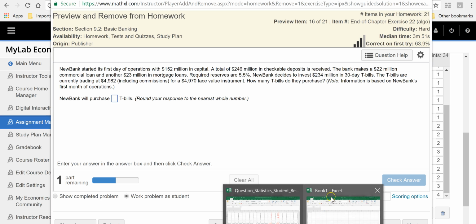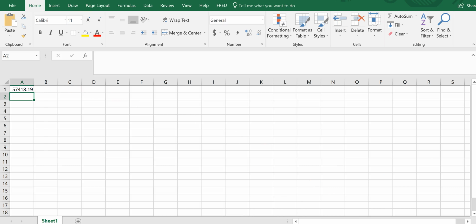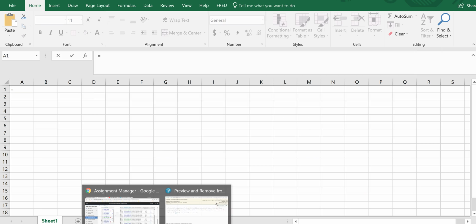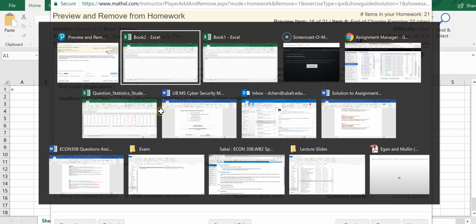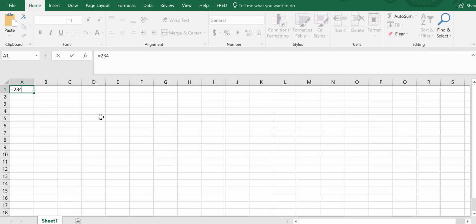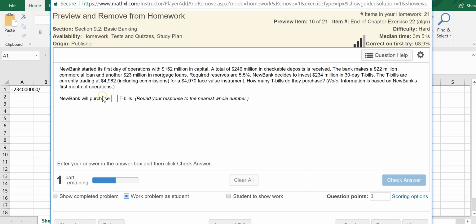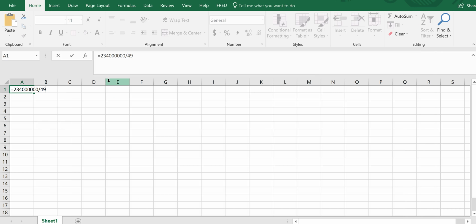So let me do that. If I use Excel, you can use a calculator, do the same calculations. Here I just use Excel. So it's 234. Remember, this is in million dollars, so add 6 zeros and divide that amount by the price per T-bill, which is $4,982.